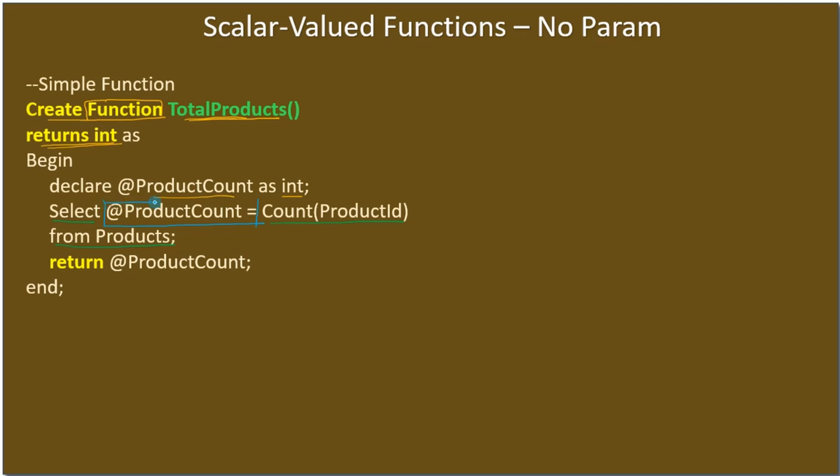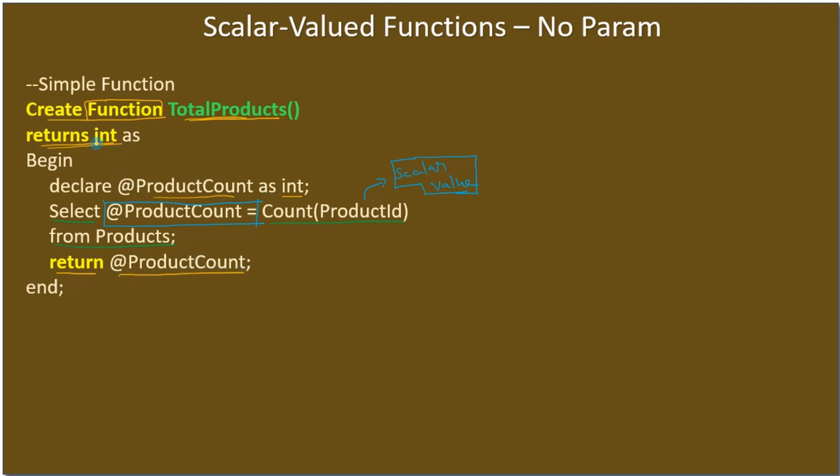We know that this select statement will return a scalar value. It's an aggregate function, so definitely this will return a scalar value. Since we haven't grouped it, this will return one value, and that value is assigned to product count. Product count is an internal variable, and finally we use the return statement and return the variable product count.